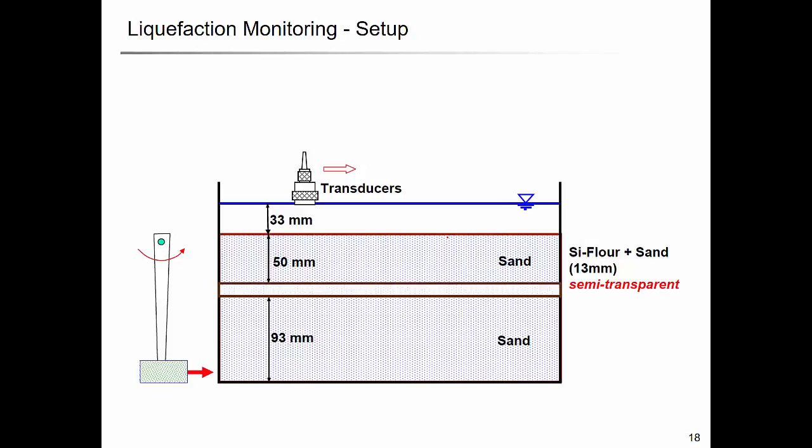And you have a silica floor layer, so it's a silt layer, and you have sand and another sand at the top, and it's fully submerged in water. What they do is scan it first, then apply an impact at the bottom to disturb the soil, and then scan it again.